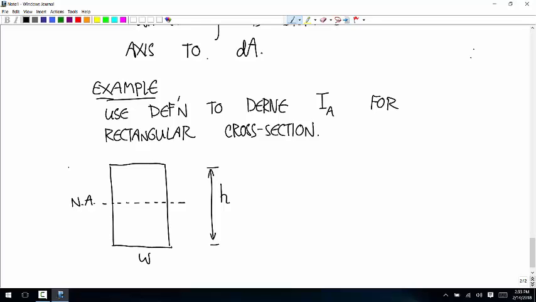And we'll break it up into little strips like this, where y, the distance from the neutral axis to the strip, is this, and the thickness of the strip is dy.